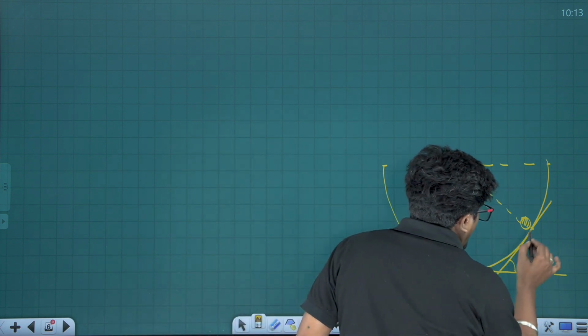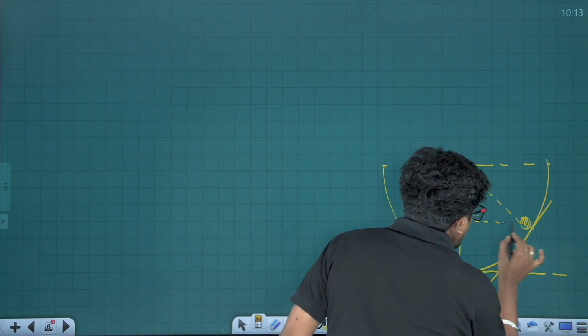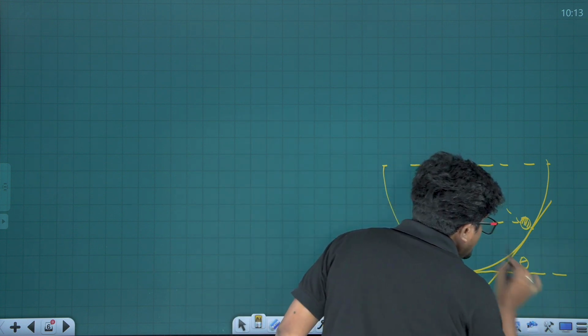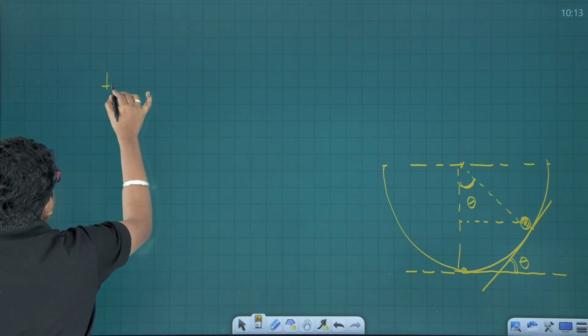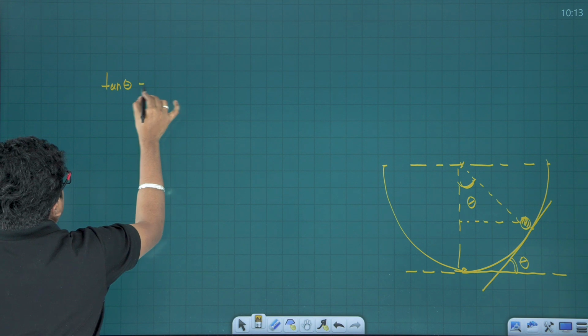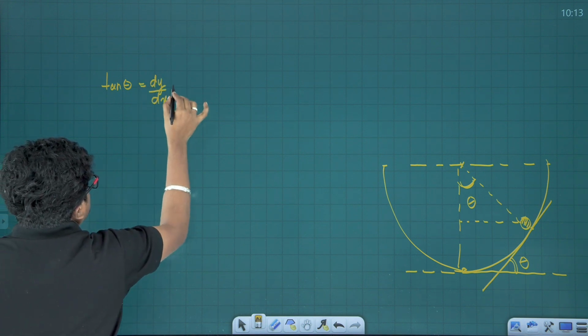Now at this particular point, you all know that here this is theta. Now I can say tan of theta is dy by dx.